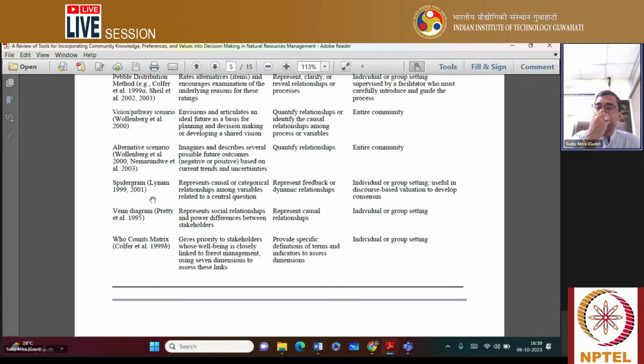So in this case, you will find that dialogues and discussions with the stakeholders, with the end users, are very, very important. As I said at the beginning of today's discussion, natural resource management is such a field where technology is very much required, but only with a technical mind frame, you probably would not be able to find a sustainable solution.